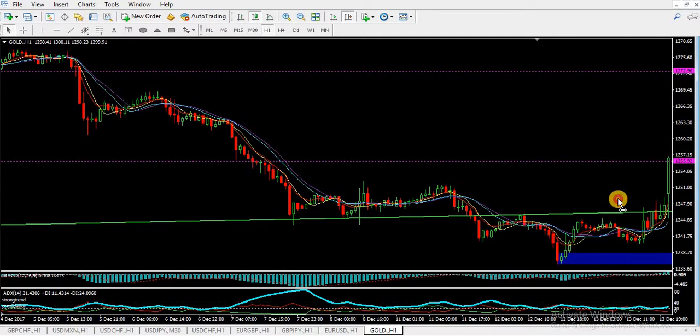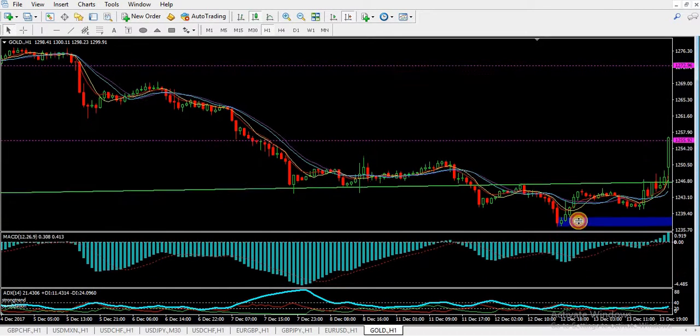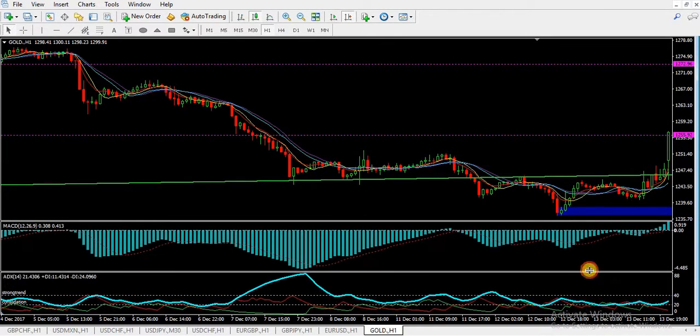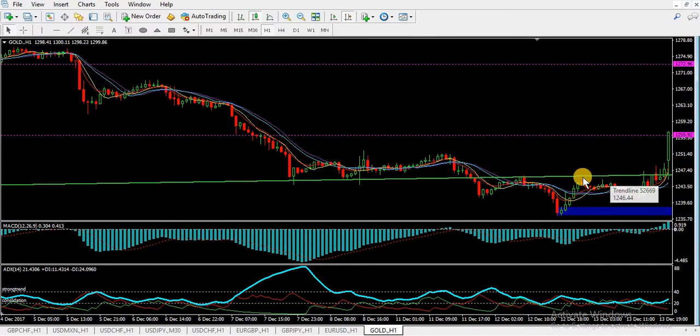So say for example we're here. Let me do this. Let's see, we got a cross. This is our cross. It was consolidating. We got a resistance line. We got this buy zone here.